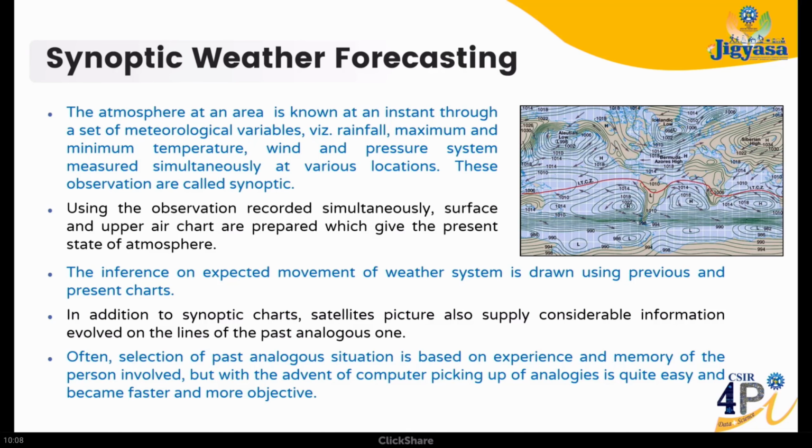In addition to charts, satellite pictures are also an important component of synoptic weather forecasting, but it has some issues. In the older days we used to predict weather using this method, but it has some issues: the selection of past analogous situations is based on the experience and memory of the person looking at the charts.